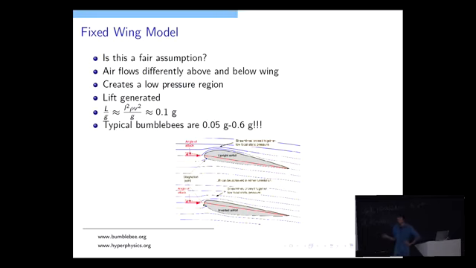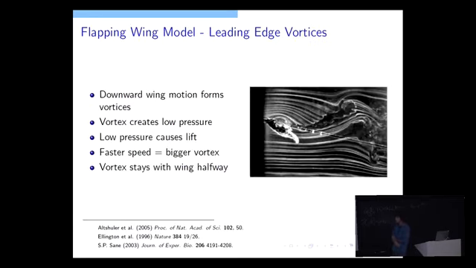The lift that could be created is less than 0.1 grams. And as I said earlier, only the smallest bumblebees are about that weight. So this doesn't seem like a good model to explain how bees actually fly.